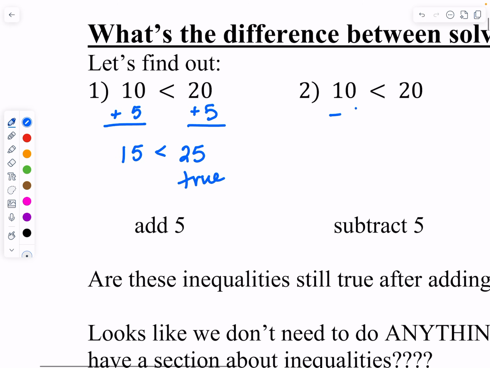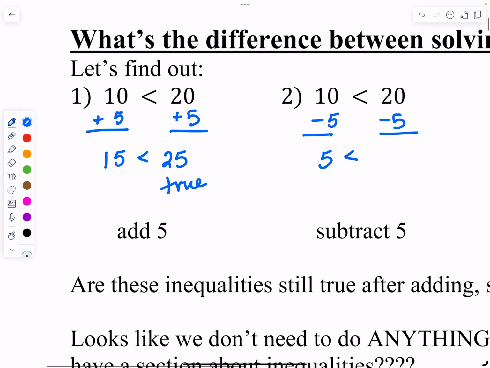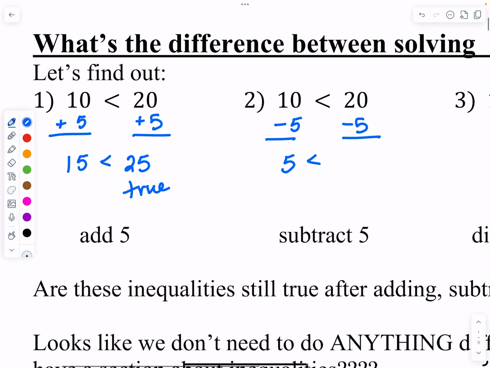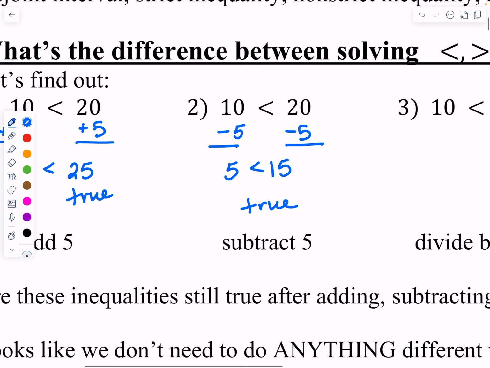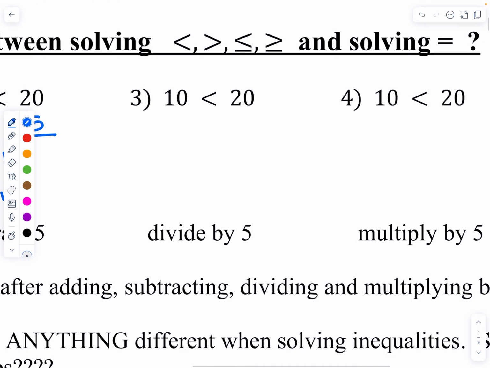Now let's see if it works for subtraction. I'm going to subtract 10 and I get 5 is less than 15. Well, that's still true. So evidently we can add and subtract with inequalities and we basically get to treat it like an equal mark. What about division? Let's divide by 5. So now we get 2 is less than 4, right?